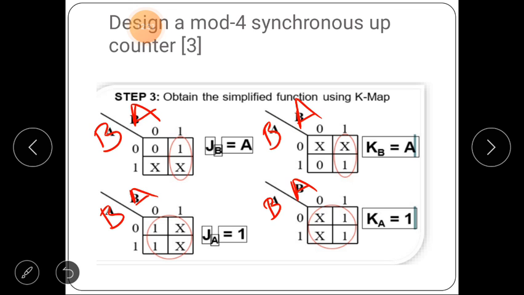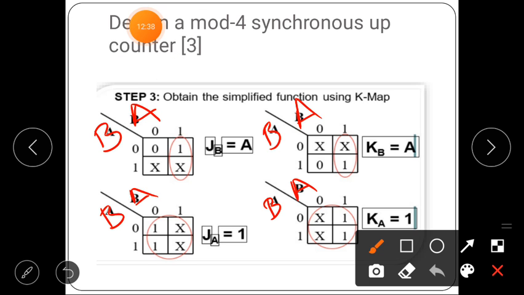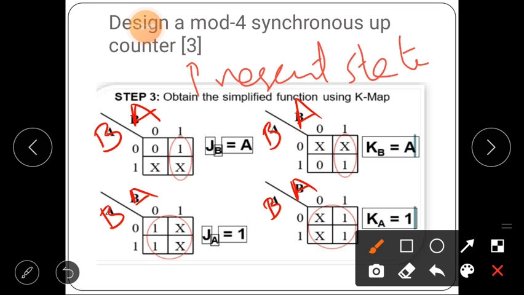This is the K-map. Here we plot the values based on the present state BA. The first state is 00, so for 00 we put 0.